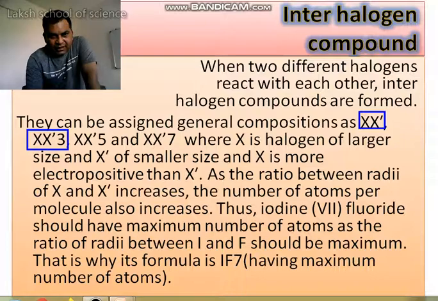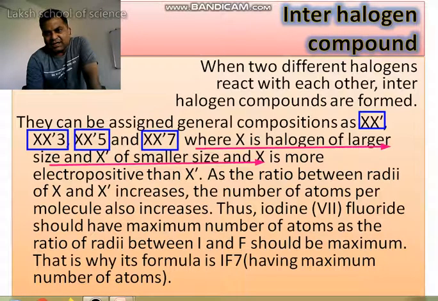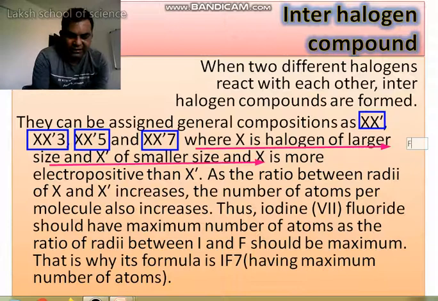The interhalogen compounds have general formulas XX', XX'3, XX'5 and XX'7. Now what is X and what is X'? X is the halogen of larger size and X' is the smaller size.